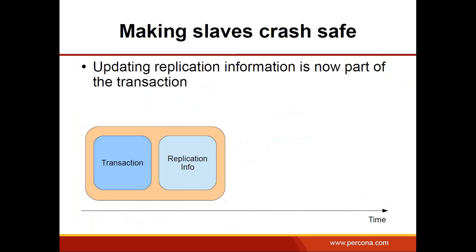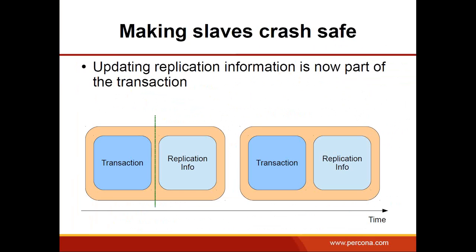This is how it will look. Now, what happens if you have a crash right there? This is no longer a problem because the whole transaction will be rolled back, so there will be no inconsistency between the state of the data and the replication information. So this is how it works.